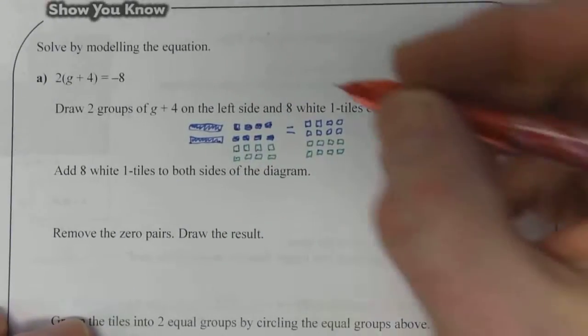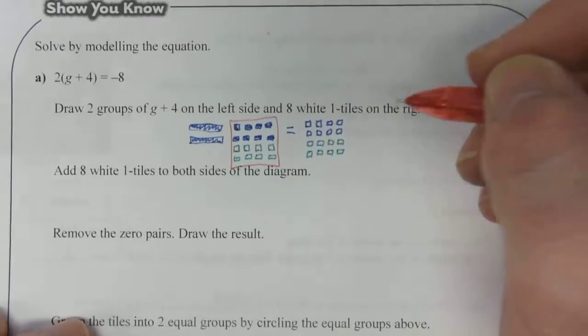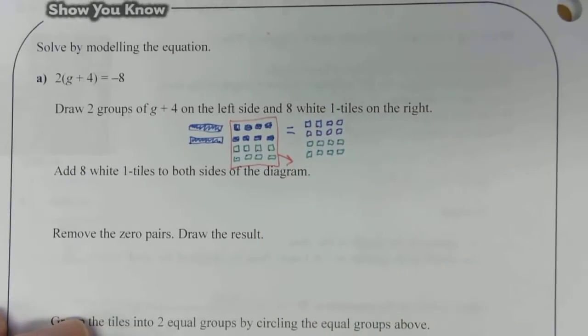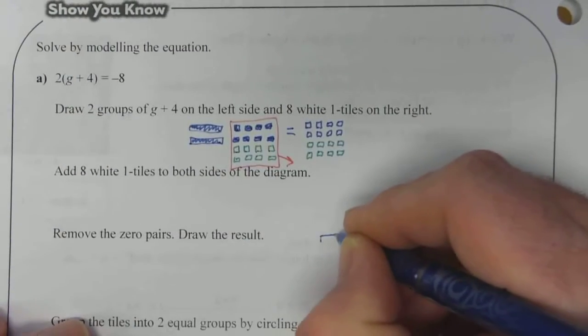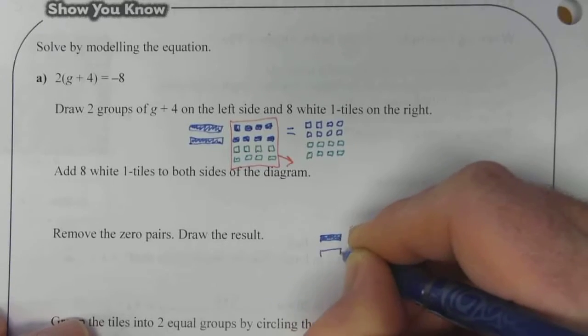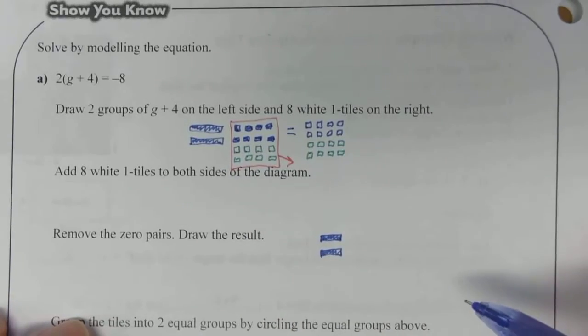Now we can take a look at our zero pairs, and this whole group matches positives to negatives, so that gets removed, leaving us with, on the left, our G tiles. That's all that's left on the left-hand side.